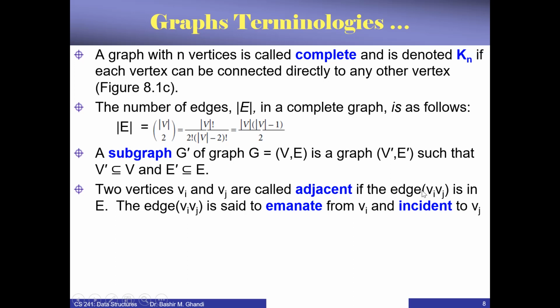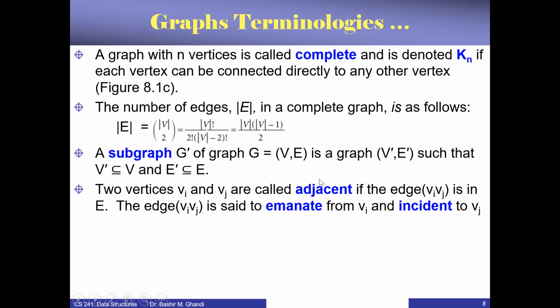So 2 vertices are said to be adjacent if there is an edge connecting them. The edge connecting the 2 vertices is said to emanate from Vi and is said to be incident to Vj.